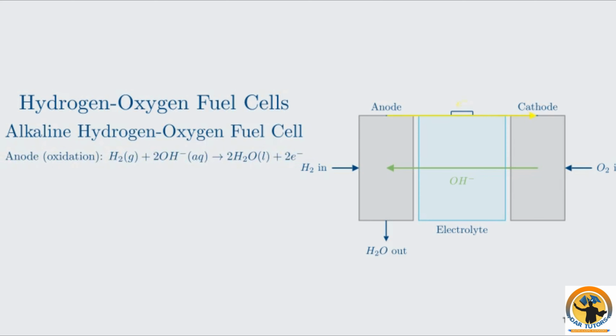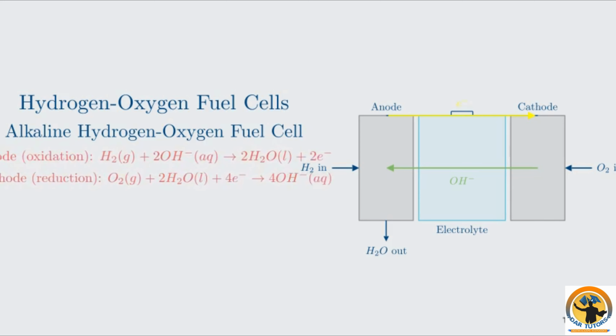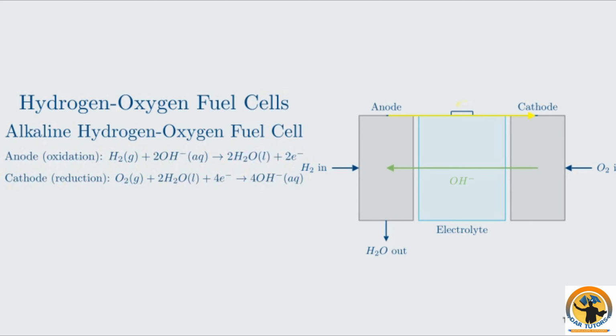At the cathode, oxygen gas is fed in and reacts with water from the electrolyte and the electrons returning from the external circuit. The cathode half equation is O2 gas plus 2H2O liquid plus 4 electrons produces 4OH⁻ aqueous. The gain of electrons signifies reduction. To get the overall reaction, we must balance the electrons. The anode produces 2 electrons, while the cathode requires 4.